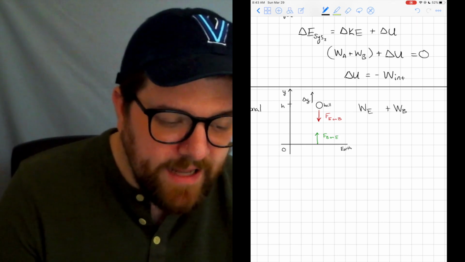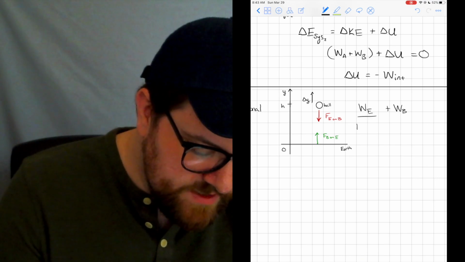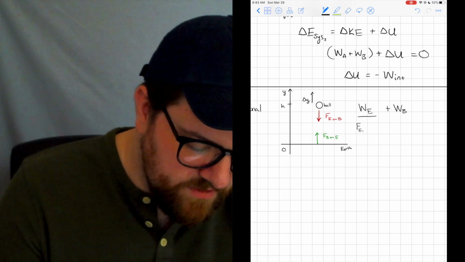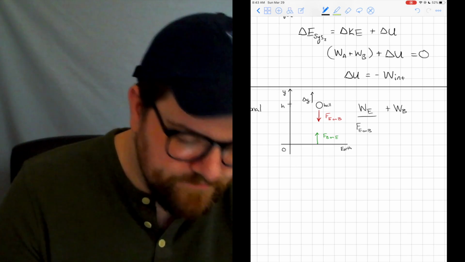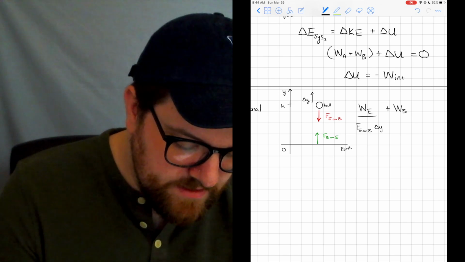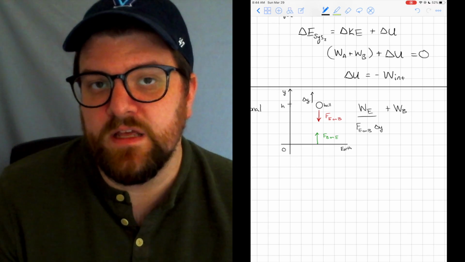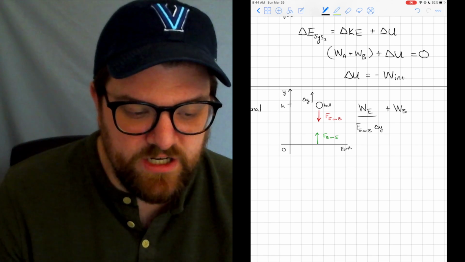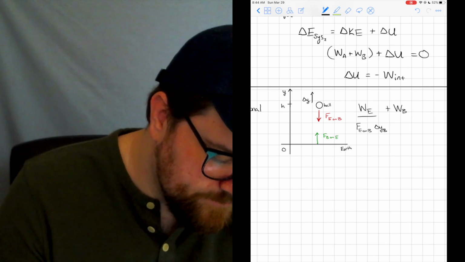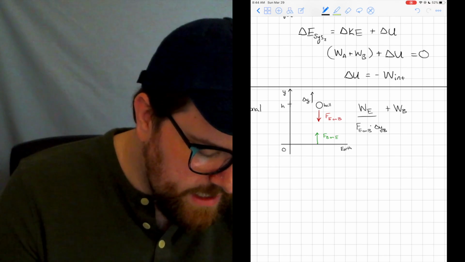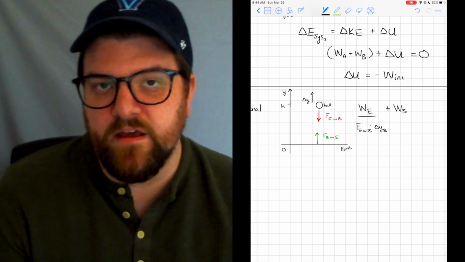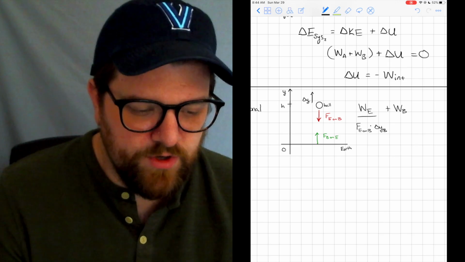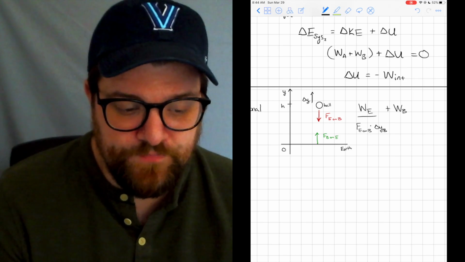So by the Earth, this work is the force of the Earth on the ball times the change in position of the ball. And there's technically a dot product there. We're going to talk about direction in just a second.